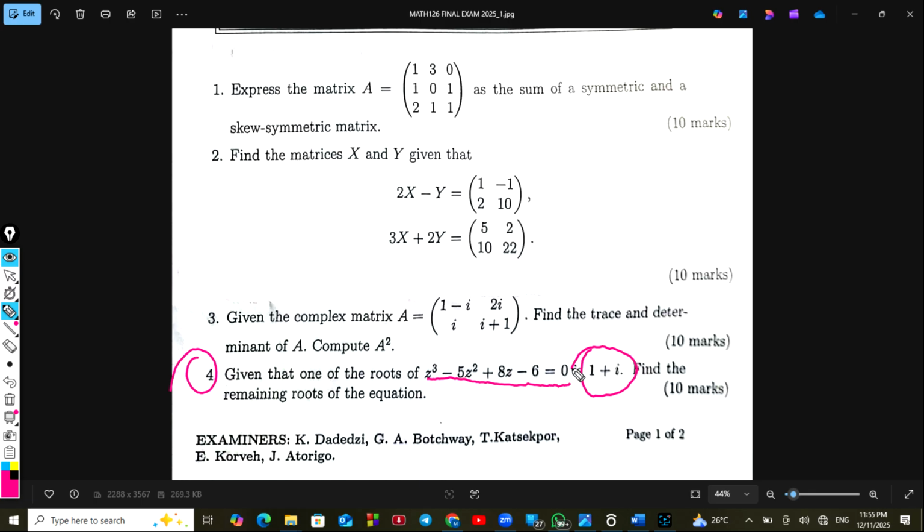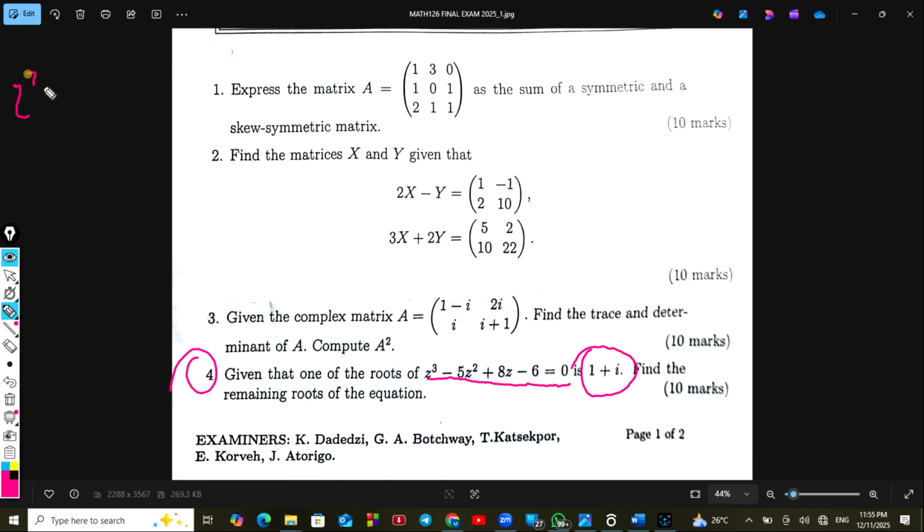So this is a complex function, and for that matter a complex cubic equation. We've been given one of the roots and we are asked to find the remaining roots. So let me write down what we have.